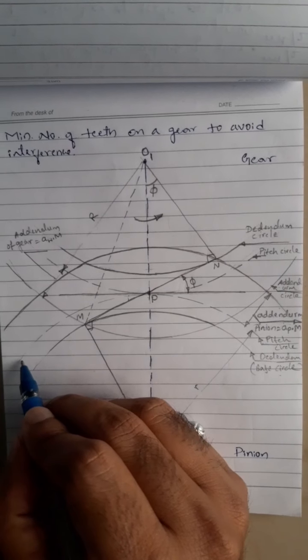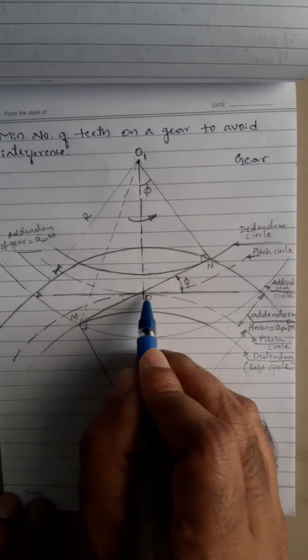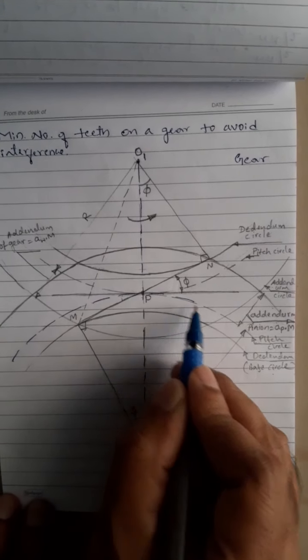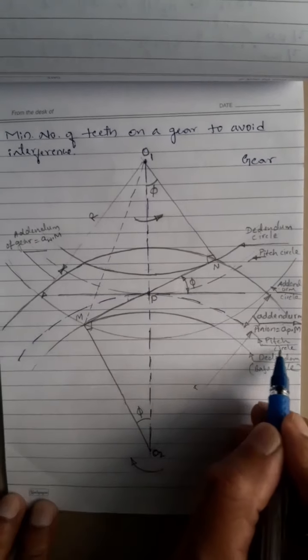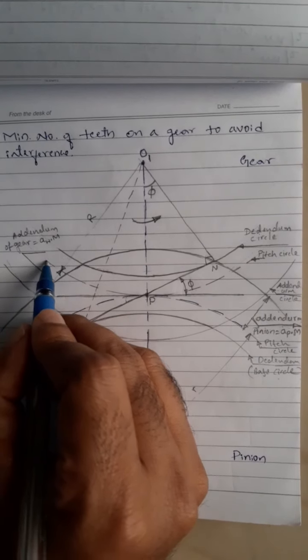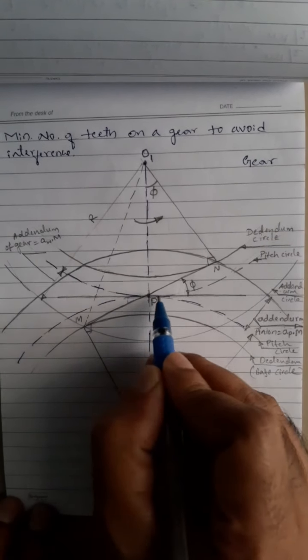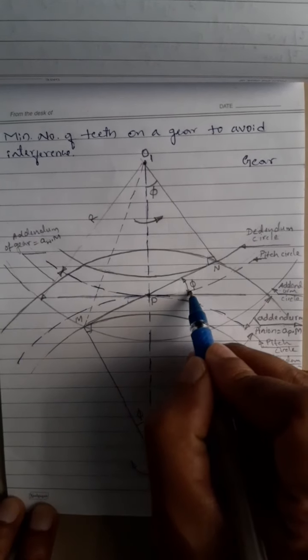Let us draw the pitch circle of the pinion. So this is the pitch circle of the pinion, and this is the pitch circle of the gear.